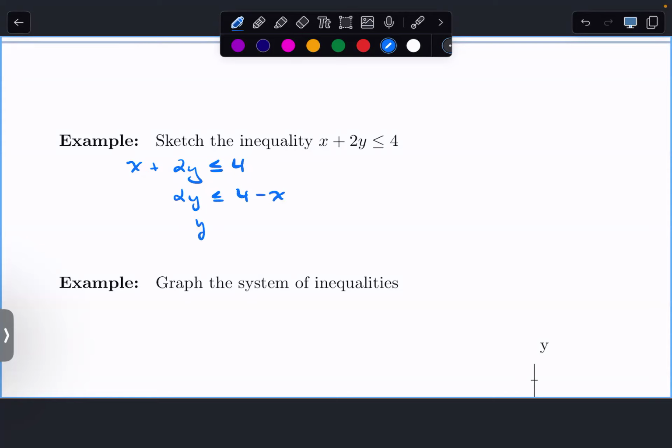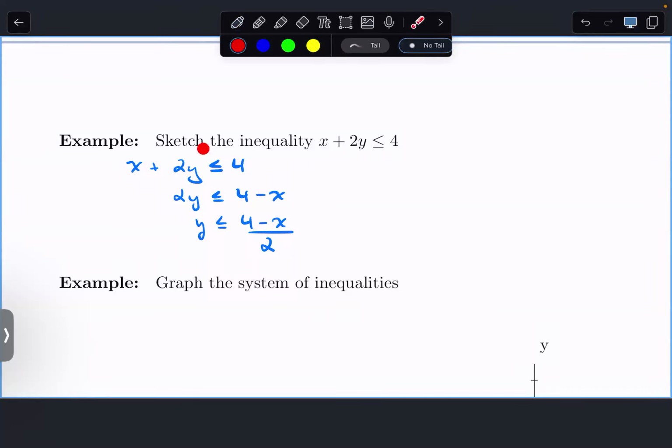So y, no negatives, so we're all good, must be less than or equal to (4 minus x) over 2. You can simplify that to 2 minus 1/2 x if you want. I'm just going to leave it. Doesn't really matter. We're just drawing it anyways, or sketching it.